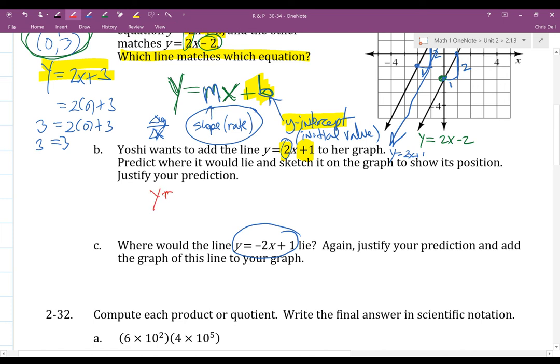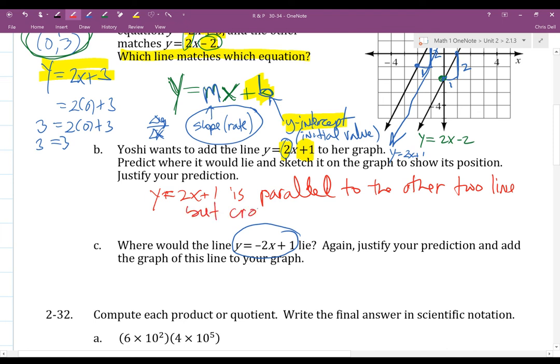For part B, y equals 2x plus 1, my prediction was that it is parallel to the other two lines, but crosses the y-axis at positive 1. And we showed that on the graph.